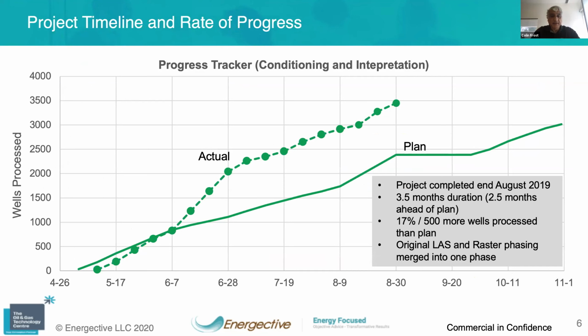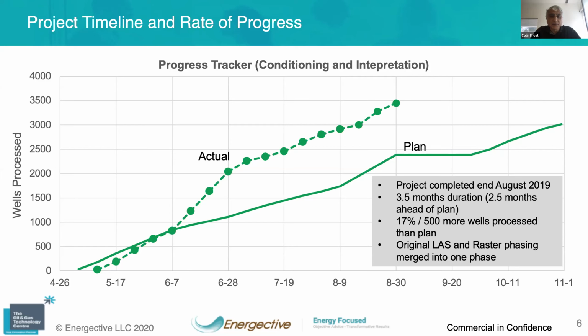We actually completed the whole end-to-end project last year. We did more work in less time than we were planning. We finished about 2.5 months ahead of plan, and originally we envisioned a 6-month duration. It took about 3.5 months. We did 500 more wells than planned, so 3,500 compared to 3,000.